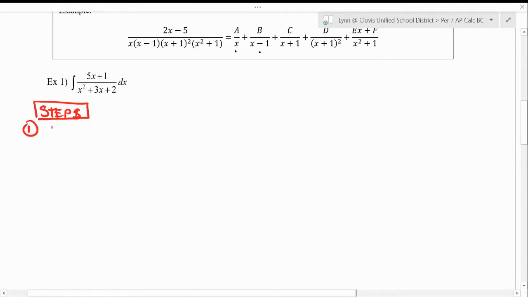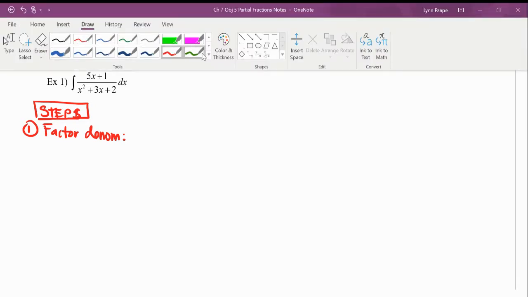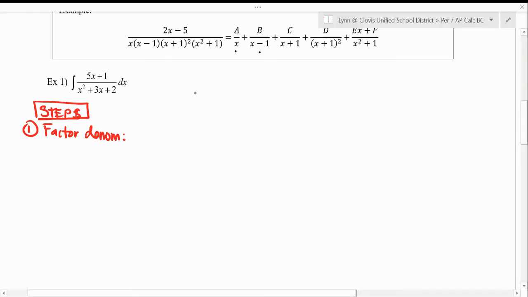Okay, so step 1. You want to make sure that you completely factor the denominator. Okay, so you're going to factor the denominator, and I will work through that over here. So when we factor this, I'm not integrating right now, I'm just decomposing the fraction. So I have 5x plus 1, and then I want to factor the denominator.